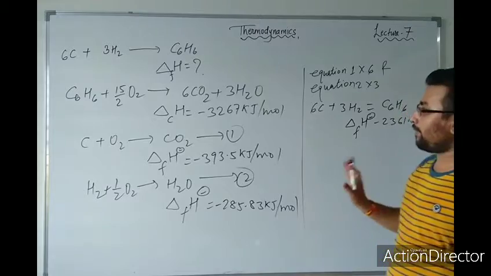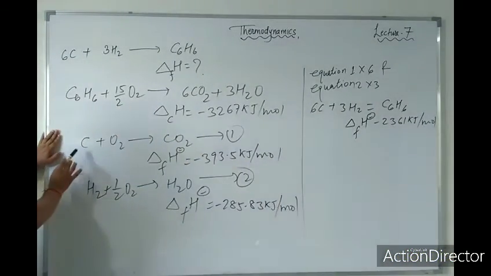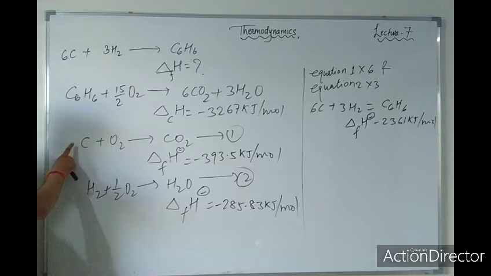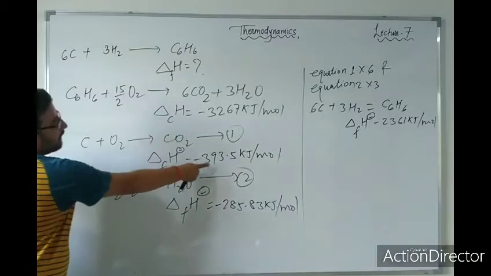So what I have done, I am just telling you. This equation is multiplied by 6 and this equation is multiplied by 3. Now think yourself in your mind, if you multiply by 6, this becomes 6, this becomes 6, and here also 6.